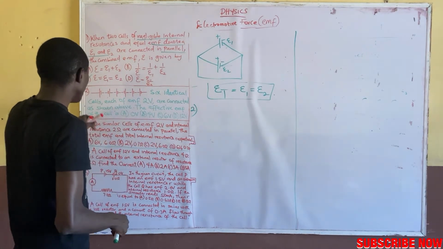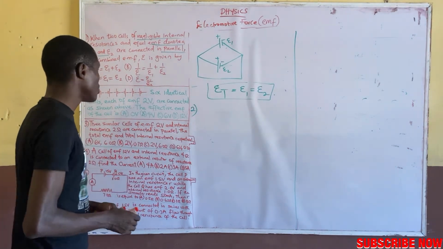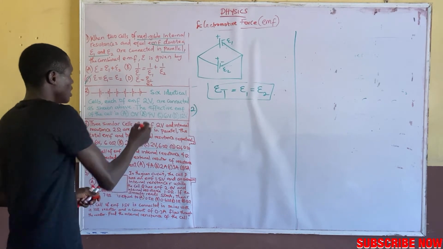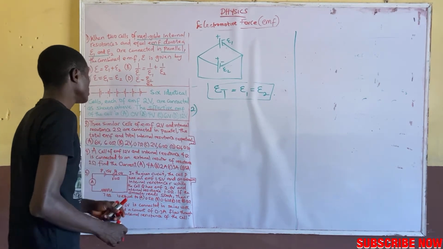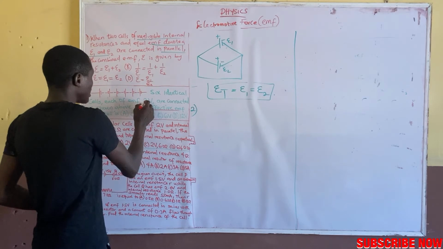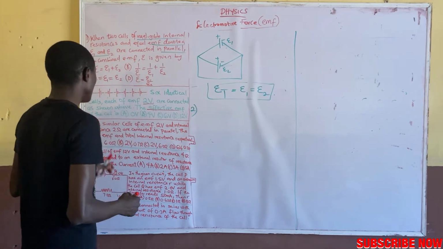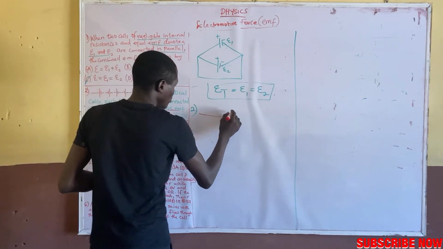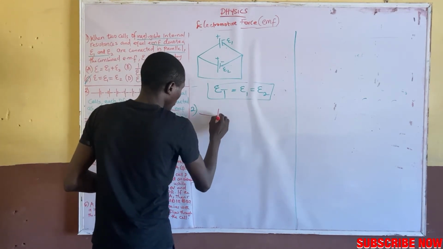The effective EMF of the cell is dash. Now we have to calculate the effective EMF of the cells, and we are told that each EMF is 2 volts. Now let's draw out the thing here. We have EMF.